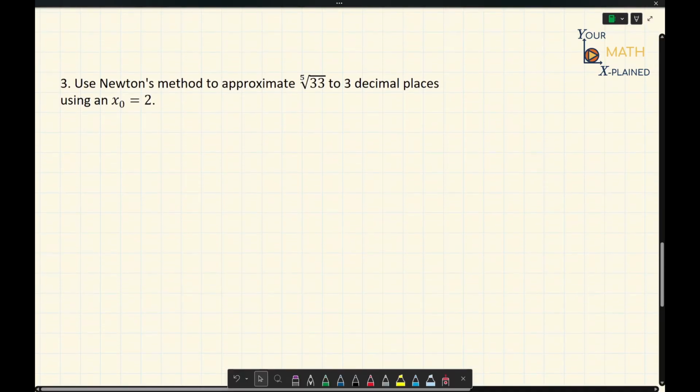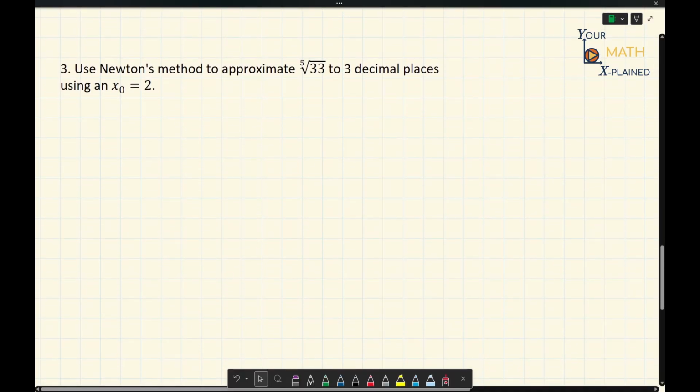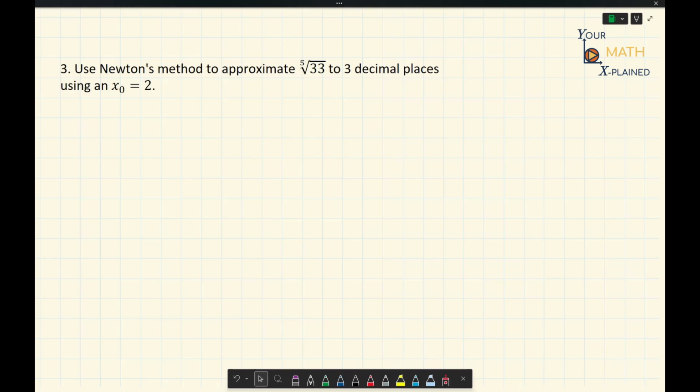Now for our last example, we want to use Newton's method to approximate the 5th root of 33 to 3 decimal places. And we're going to start with an initial guess of 2. So again, here we need to set up our equation first.